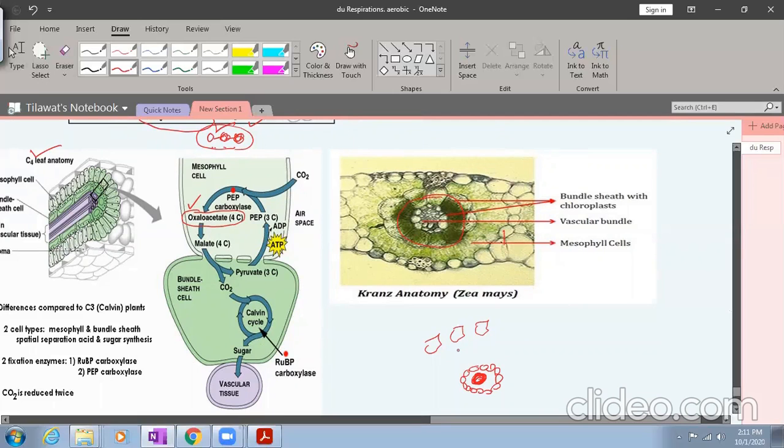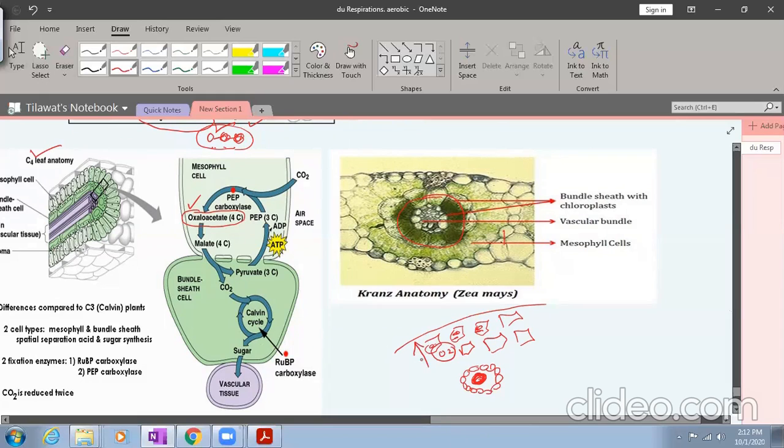Am I clear? So let's suppose photosynthesis is happening, and the light reaction is happening in these mesophyll cells because they contain chloroplasts. Oxygen will be produced, right? So it means oxygen concentration here is more.